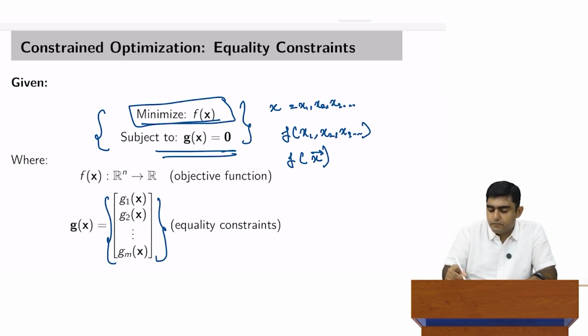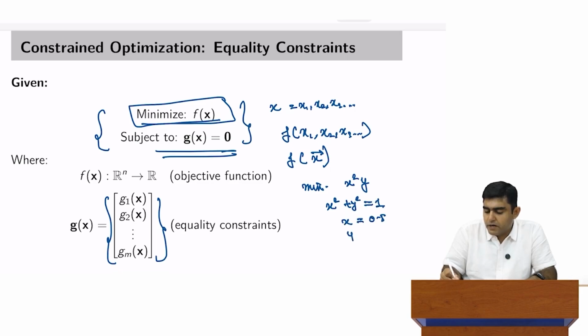For example, we can say minimize some function x squared y subject to x squared plus y squared equal to 1, x equal to 0.5, y equal to 0.75 and so on.